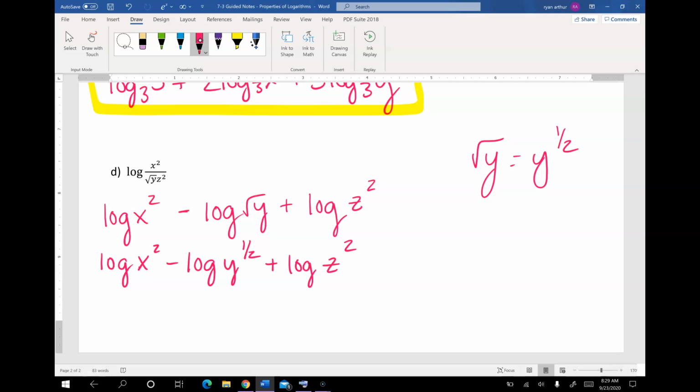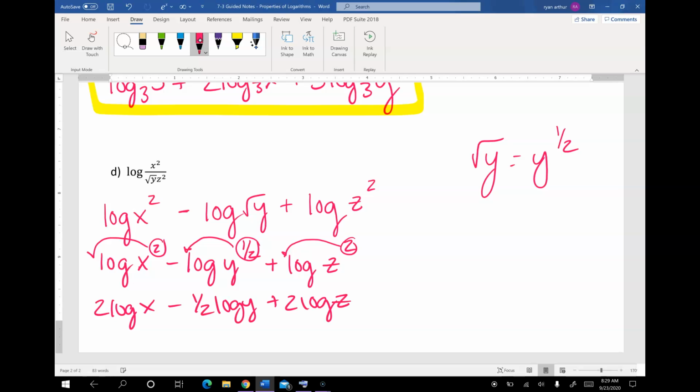Then I have to take all these exponents and move them on up. Moving on up. And I got 2 log of x minus 1/2 log of y plus 2 log of z. And you are done.